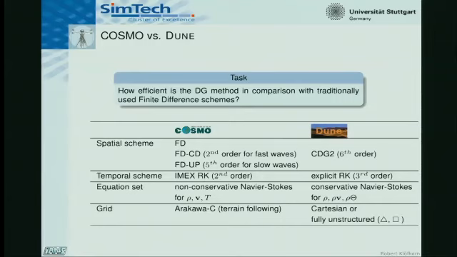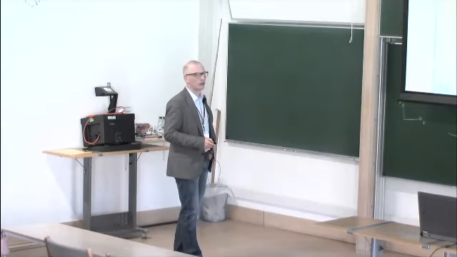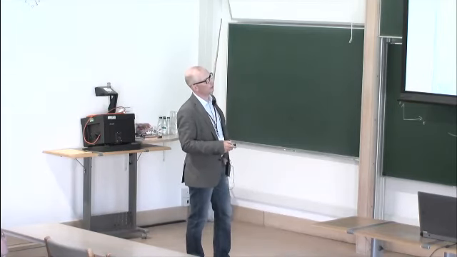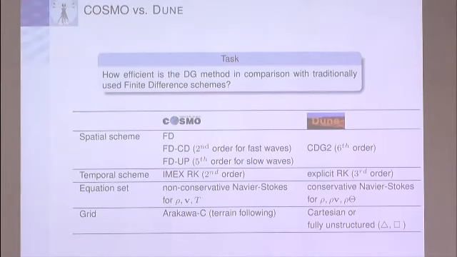In comparison, the Dune DG version uses a sixth order method here with a third order explicit Runge-Kutta scheme. So you see we have used different time discretizations, which is not the best thing to do. I will come back to that in a second. But we have conservative discretizations, and we can use Cartesian or fully unstructured grids.